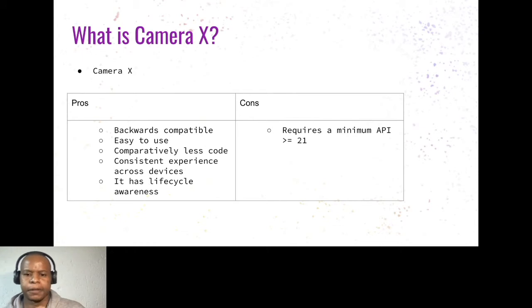The only disadvantage is that, like its predecessor, it's supported from API level 21. So if, again, you are building for devices below this API level, you'll probably have to include the older API.